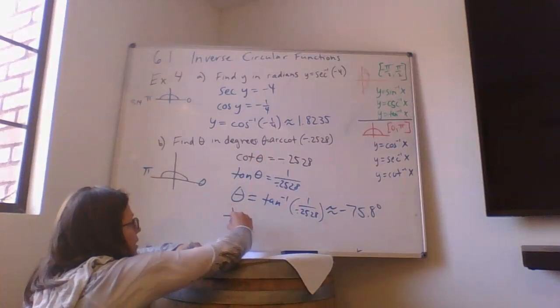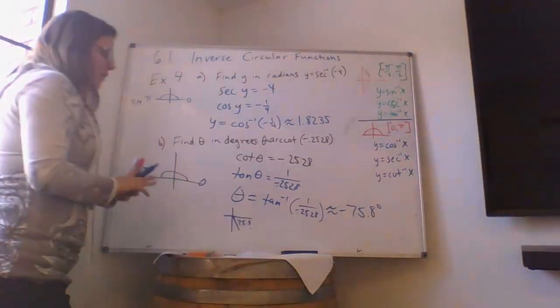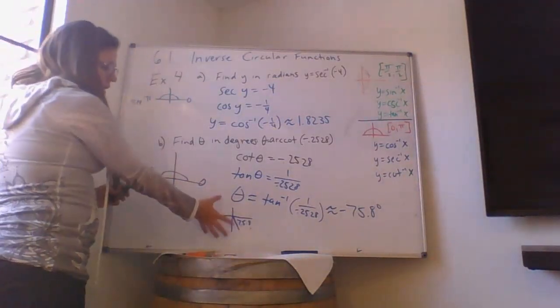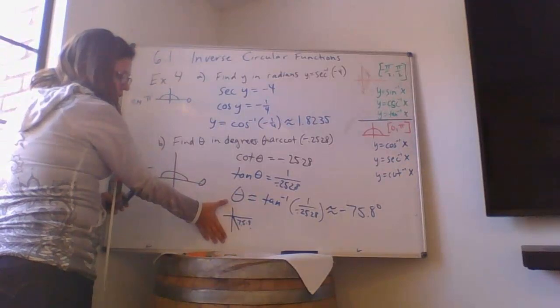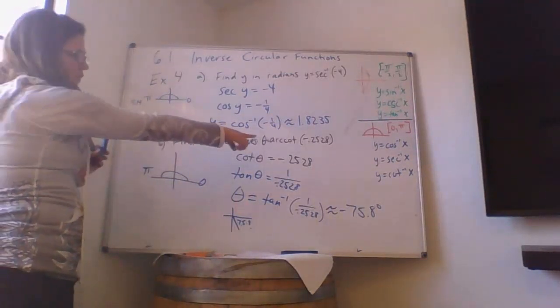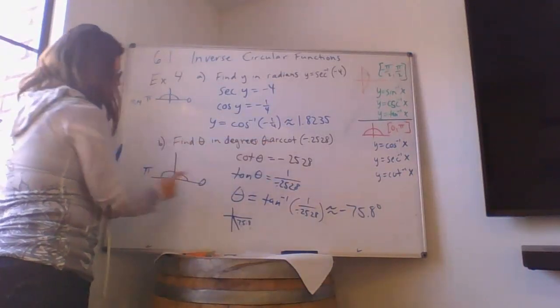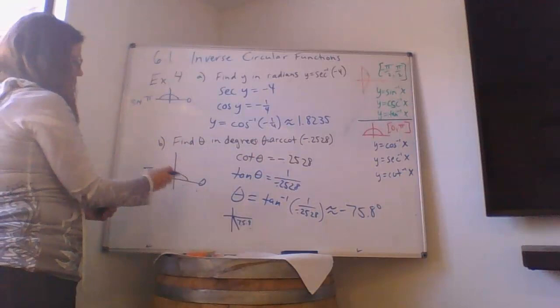So here, the reference angle is 75.8. So this reference angle is very relevant. What we need to do is we now need to transfer this information and now say, well, we know if the cotangent is negative, it must be in quadrant 2.